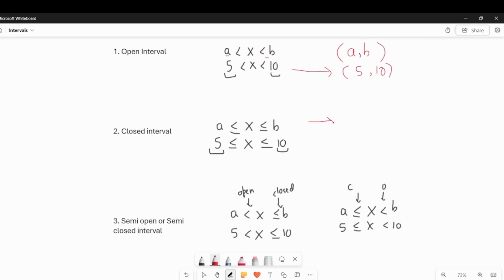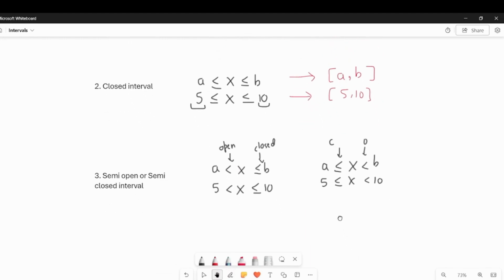Similarly, to represent the closed interval in interval notation, we use square brackets, and inside these square brackets we put the endpoints again, a comma b. So I can write it as square brackets 5 comma 10. This is another way of representing a closed interval.